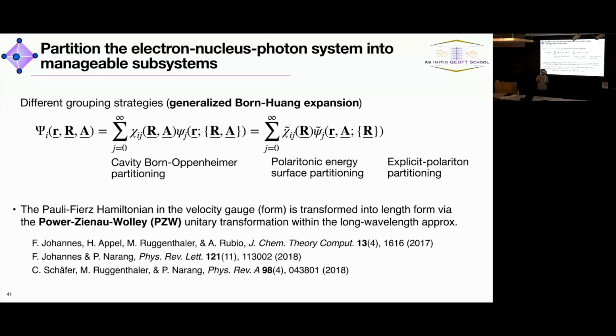And in this case, you have another degrees of freedom for this one, because you have a degrees of freedom from the photon part. I'm asking about the computational complexity, because you'd need a basis for every A in the parameter space, and the parameter space is really big because it's a vector potential.